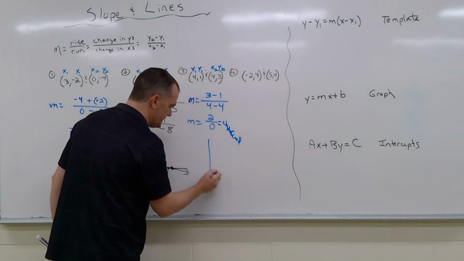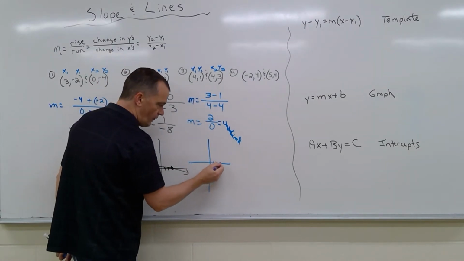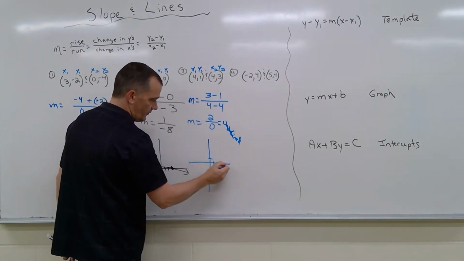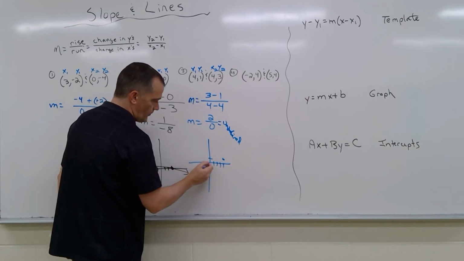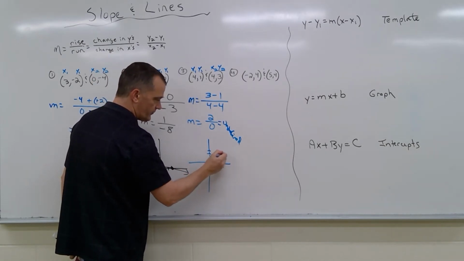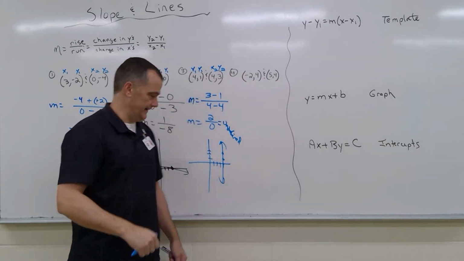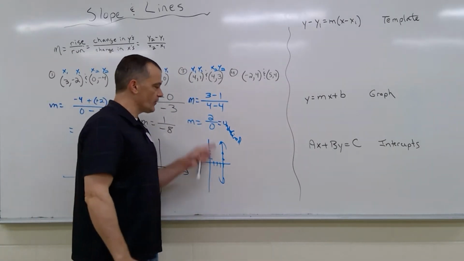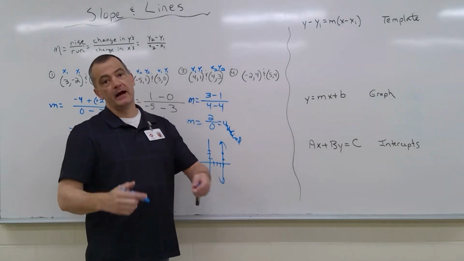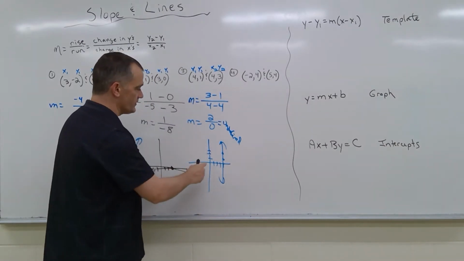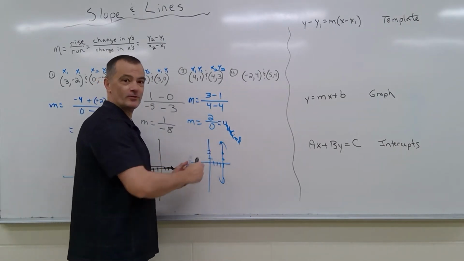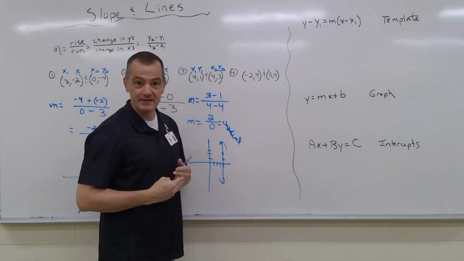So what happens here is, if I were to graph 4, 1, so over 4, up 1, and 4, 3, over 4, up 3, we notice that those 2 points give us the graph of a vertical line, straight up and down, undefined slope. In other words, it has all the rise in the world, it doesn't have any run.